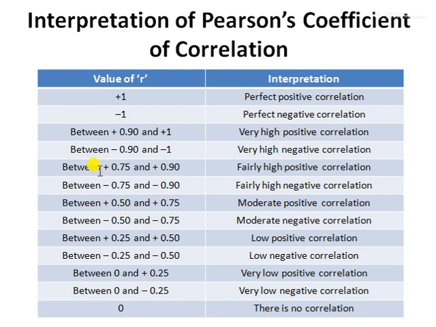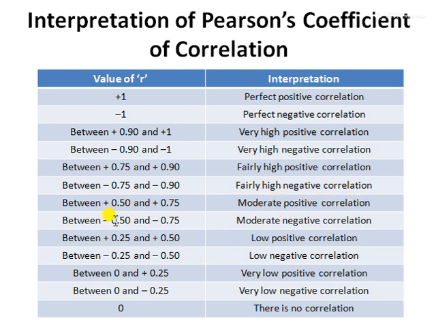If the value of r lies between plus 0.75 and plus 0.9, there is fairly high degree of positive correlation. If it lies between minus 0.75 and minus 0.9, there is fairly high negative correlation. If r lies between plus 0.5 and plus 0.75, there is moderate degree of positive correlation.